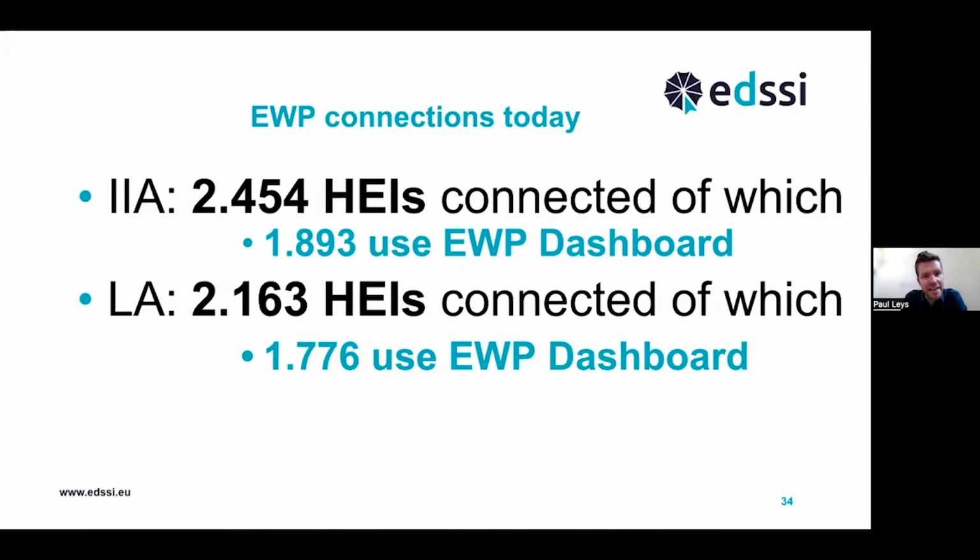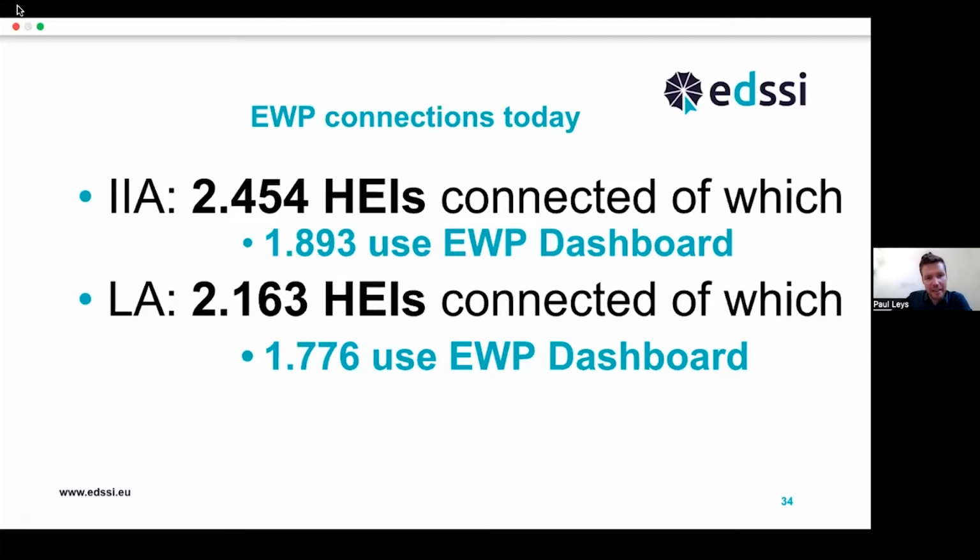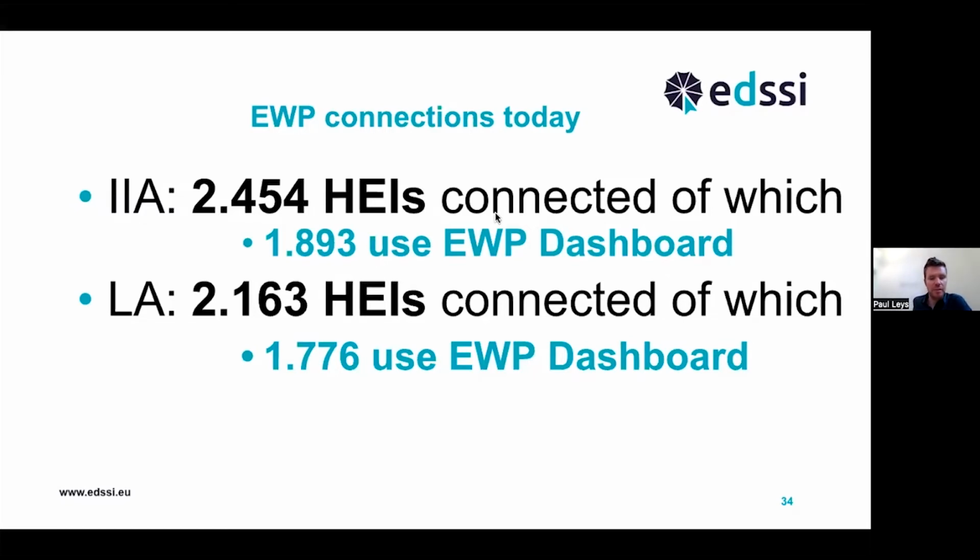So IIA, maybe for beginners, we need to fully write it out, because this is, I think, one of the difficulties when you start working in international relations, all those abbreviations. So IIA is an interinstitutional agreement, LA is a learning agreement, and then higher education institutions, HEIs. So for learning agreements, the connection rate is a little bit less, but also here, the EWP dashboard is mostly representing the higher education institutions.